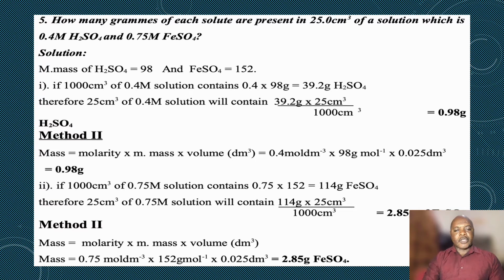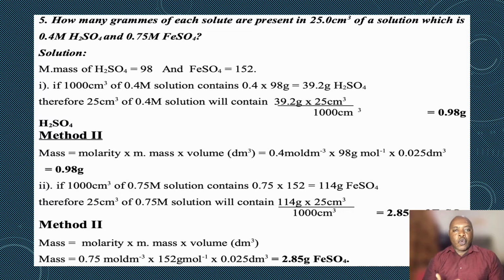It takes us to the second part of it, which is iron 2 sulfate. It's the same thing. Let me just go to method number 2. For iron, you have been given the molarity as 0.75. The volume still remains, and the molar mass for iron 2 sulfate is 152.